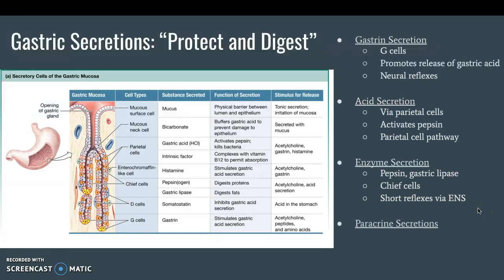Paracrine secretions include histamine, intrinsic factor, and somatostatin. So I'm going to go through those one by one. Histamine is a signal secreted by enterochromaffin-like cells, or ECL cells.